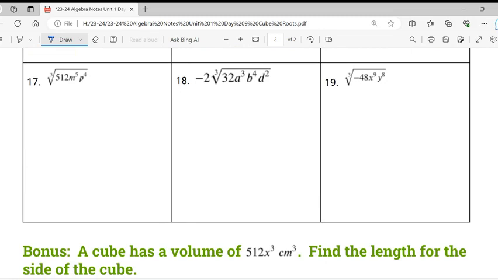Taking a look at our next one, the cube root of 512. I know it's an even number. I'm going to start dividing it by 2. I'm going to keep dividing it.